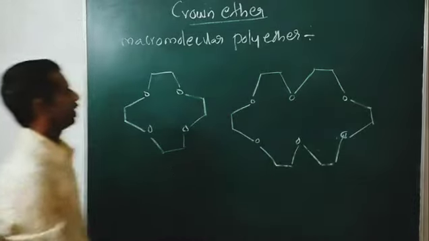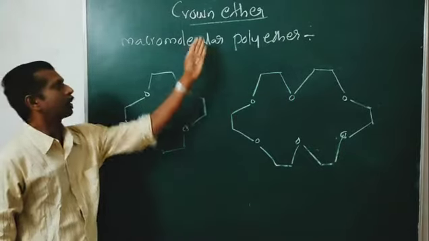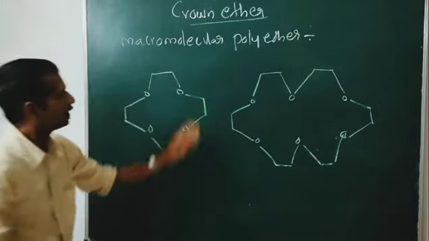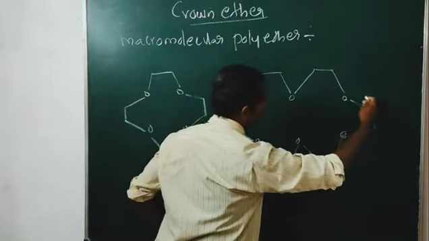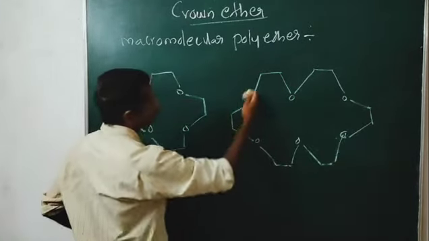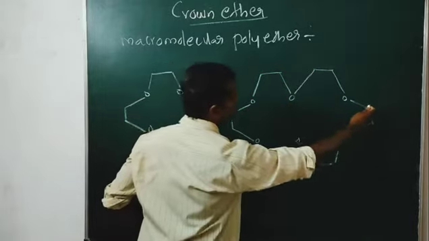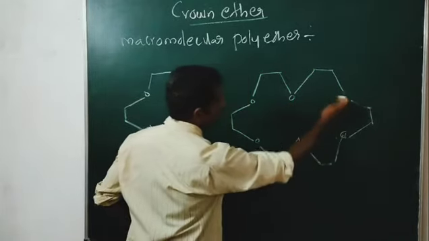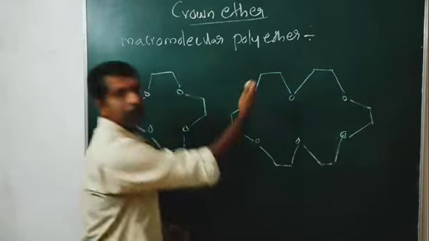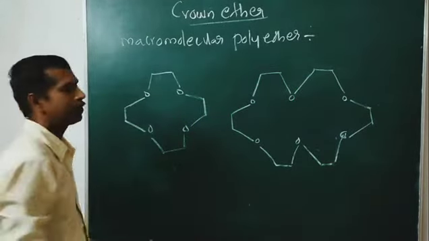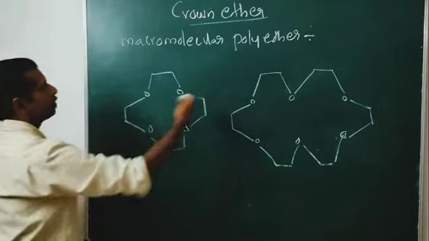Okay, these are a few examples of crown ether. So as I told you, crown ethers are large ring compounds containing more than 12 carbon atoms and many ethereal oxygen atoms arranged in a regular pattern. So these are examples of crown ethers.